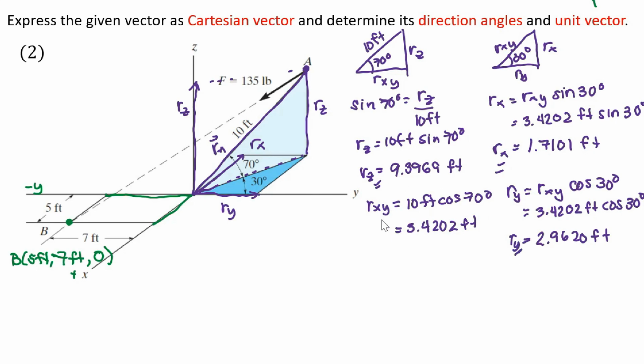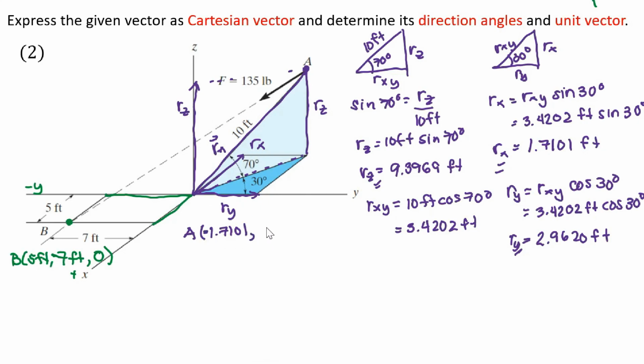So that is for Rx, Ry, and Rz. Let's write now the point A here. Point A has a dimension of, for Rx first, 1.7101, and we will look if it's positive or negative. Since Rx is going to negative x, this will be negative.